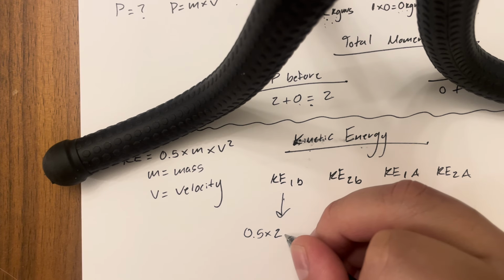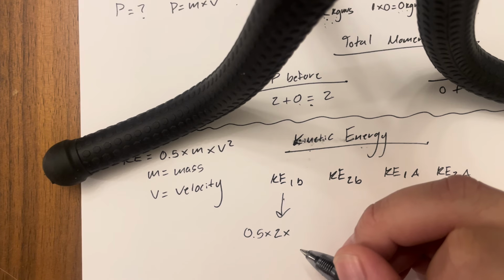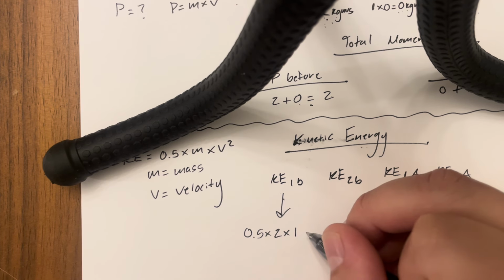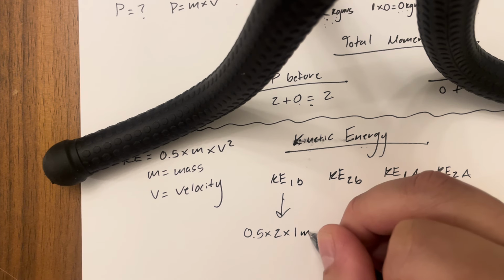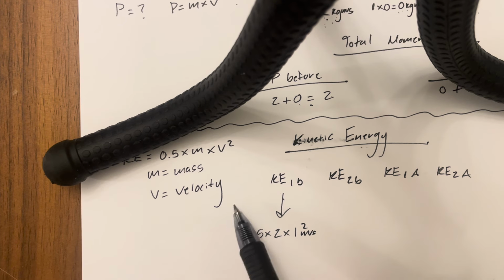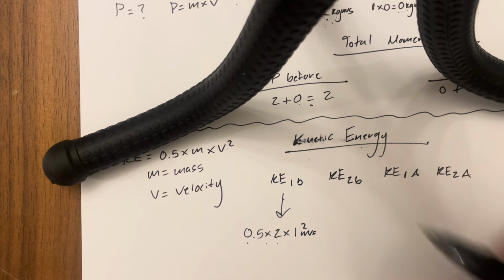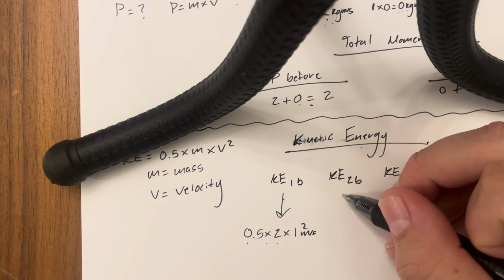And if we look at the velocity before, it was 1 meter per second, squared. So you plug that into your calculator, 0.5 times 2 times 1 squared, and you'll get your answer.